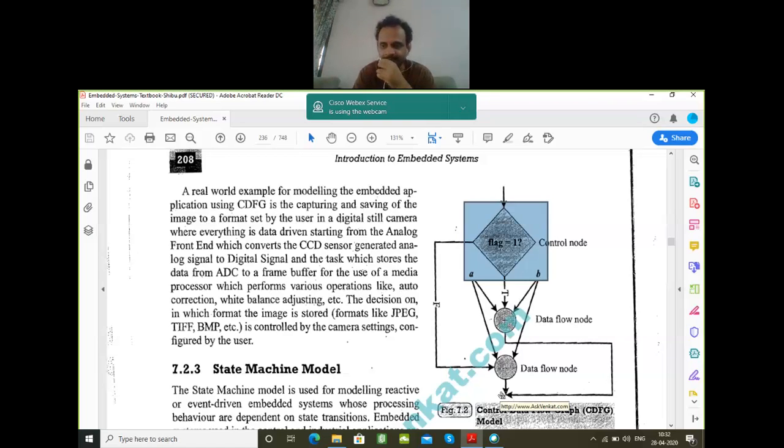If it is false, meaning the flag is not 1, you subtract A and B and get the result. So the two operations, plus and minus, are called data flow nodes, and this is the control node, which is the flag.